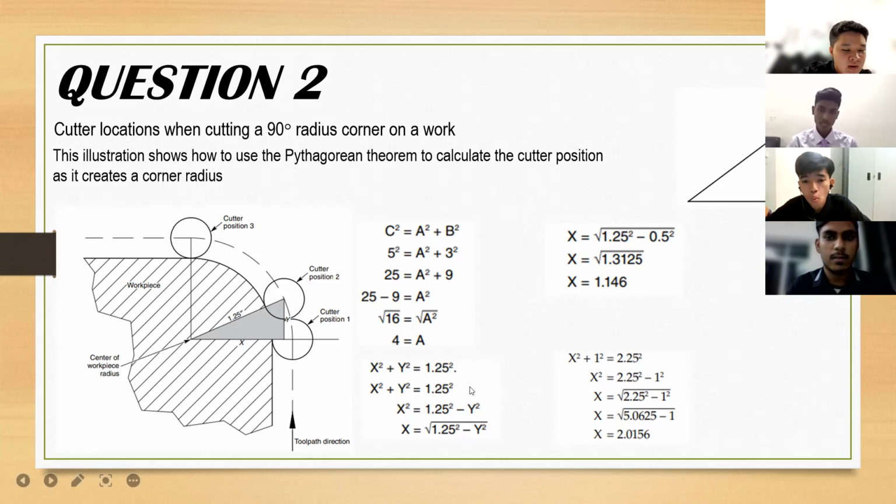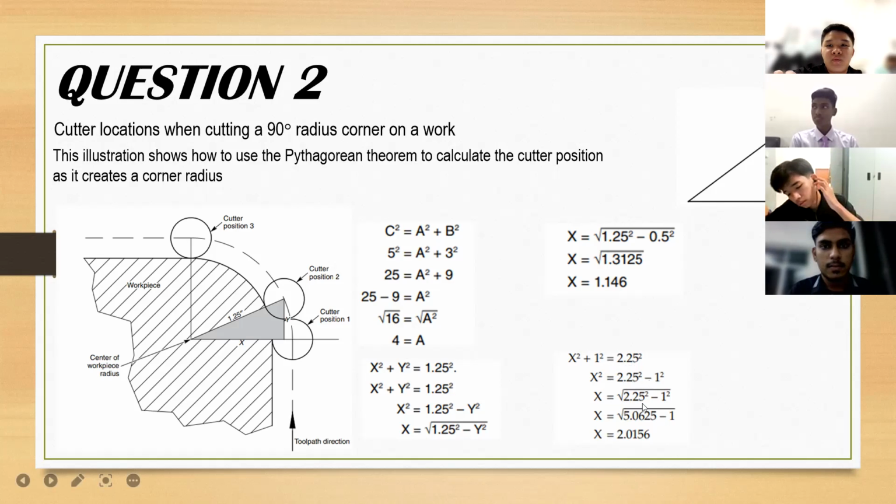Another way, we need to calculate the cutter position 2 based on the workpiece radius. We know that y is 1.00 and the hypotenuse h is 2.25. By the Pythagorean theorem, x squared plus 1 squared equals 2.25 squared. So x squared equals 2.25 squared minus 1 squared, and x equals the square root of 2.25 squared minus 1 squared.